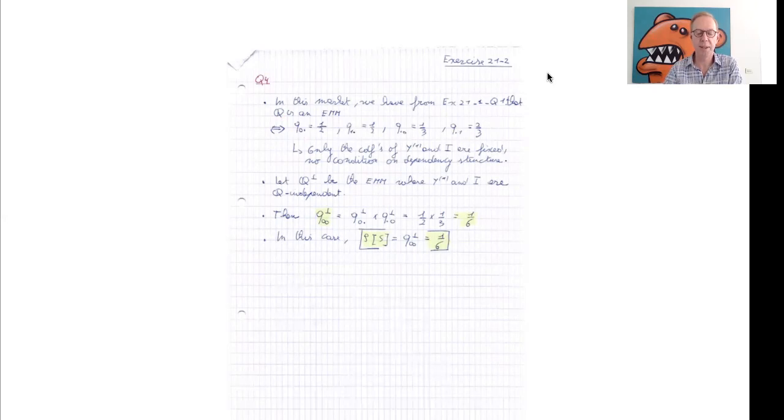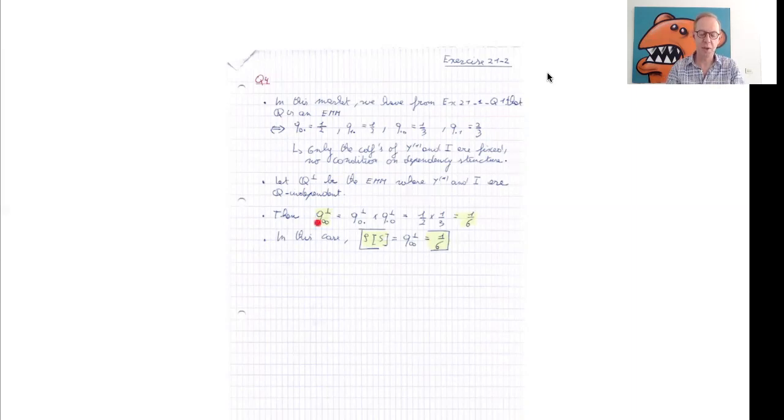So we see that only the cumulative distribution functions of Y1 and I are fixed, and there is not any condition on the dependency structure. Now let Q orthogonal be the equivalent martingale measure where Y1 and I are Q independent. So the margins are fixed, but let us now assume independence between Y1 and I.